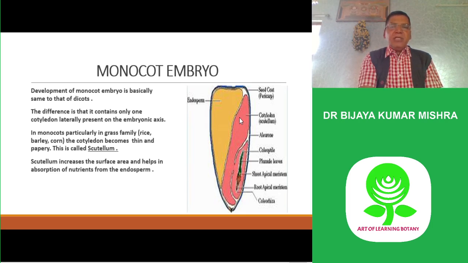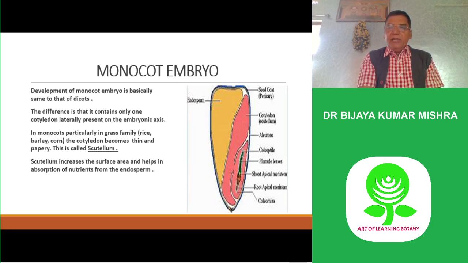It increases the surface area so that absorption of food can occur from the endosperm. Then this is the plumule region, which is covered with the coleoptile, and this is the root apical region or the radicle region, covered with the coleorhiza. It contains only one cotyledon, so it is called monocot, and the plumule is laterally present.